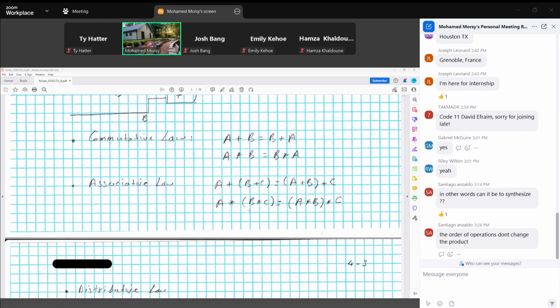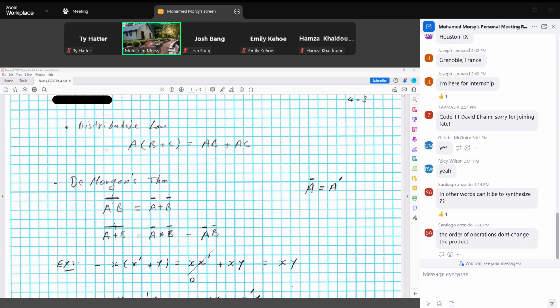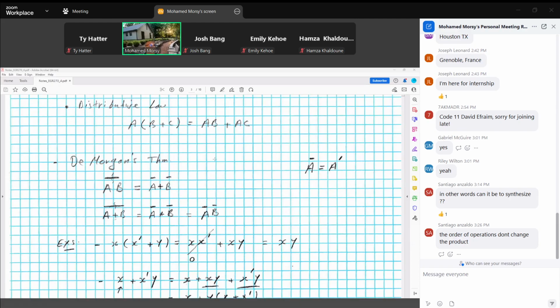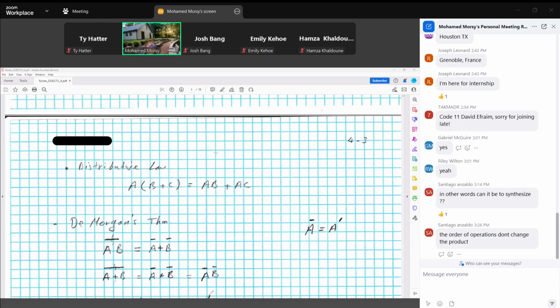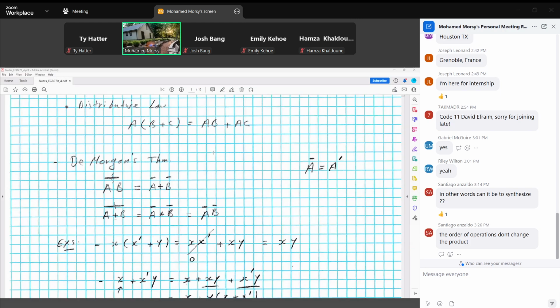Also, A multiplied by B times C is exactly equivalent to A multiplied by B multiplied by C. Distributive law: as you see, A multiplied by B plus C, we just multiply A inside, so AB plus AC. De Morgan's theorem. All these formulas are used, as we mentioned, to simplify the circuit of your design to save money and save time.